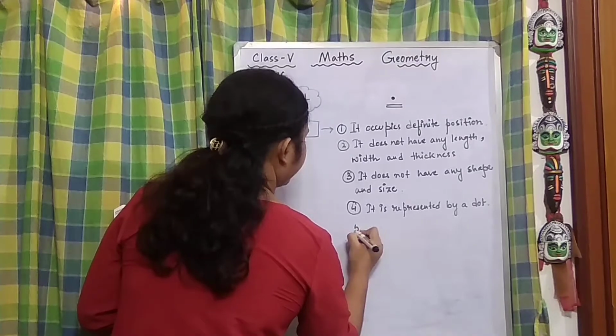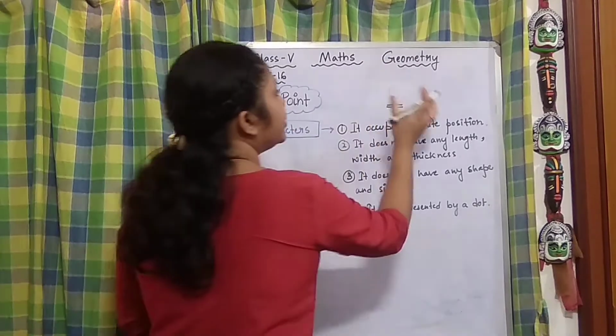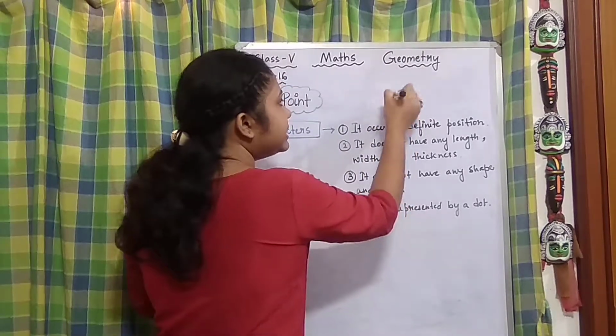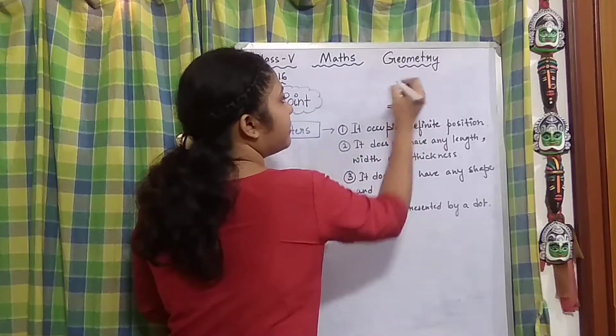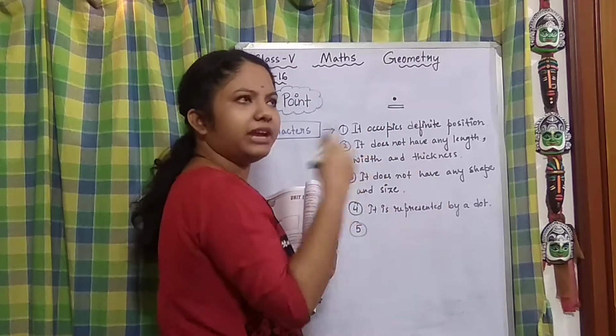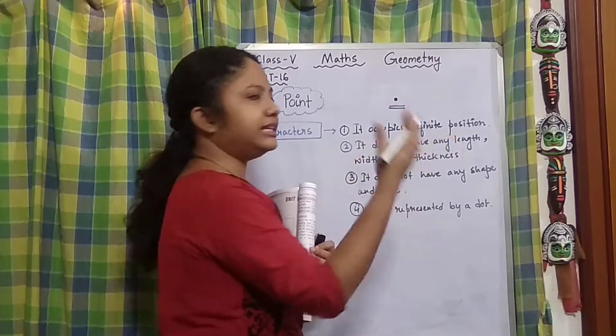Okay. And finally, when we are going to name a point, it is just one position, right? So we denote it by one alphabet. That can be anything, A or B or C, anything.